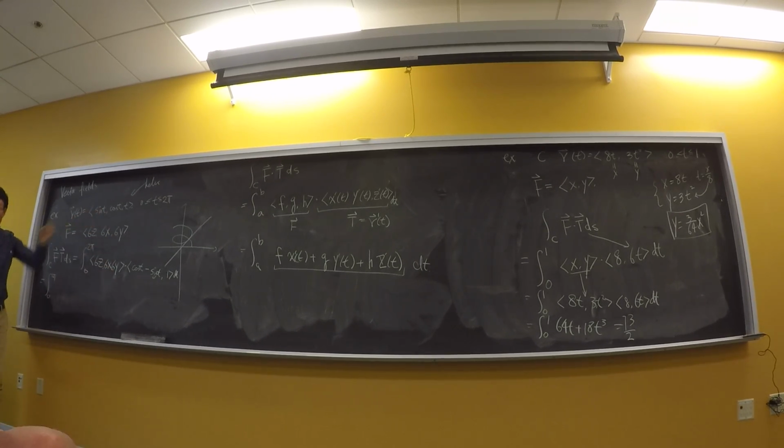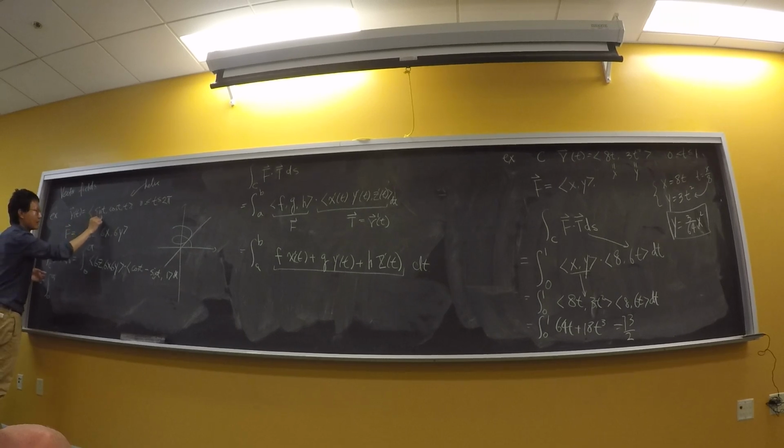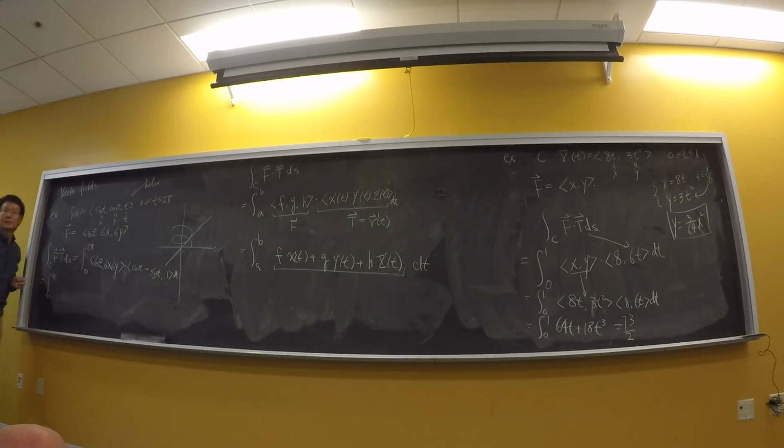So in this step, you have to be super careful. This is x, this is y, and this is z. The first component, the x component, is defined by 6z, so I have to plug in t right here. So it's going to be 6t. The second component, the y component, is defined by 6x, so I have to take 6 times sine t.